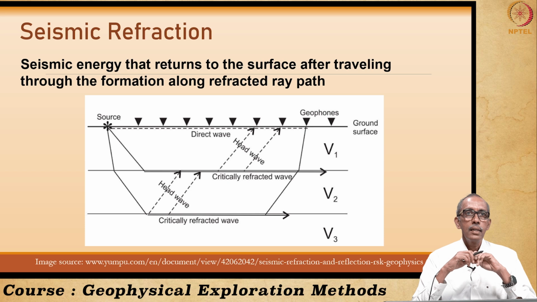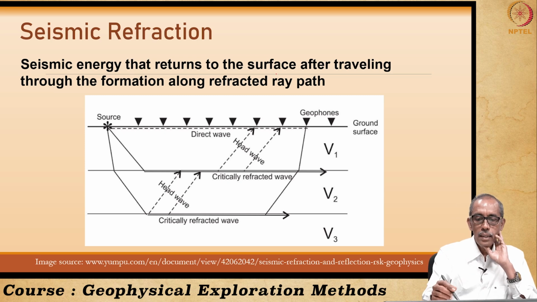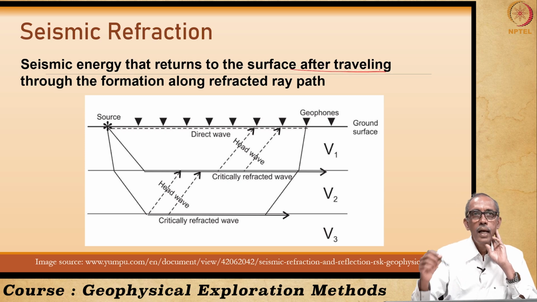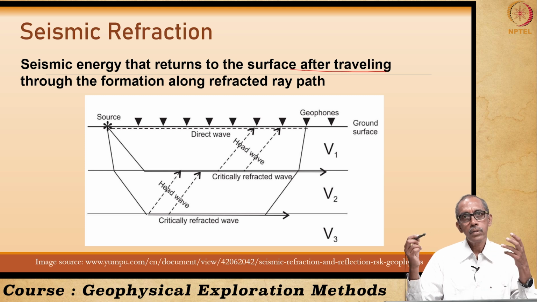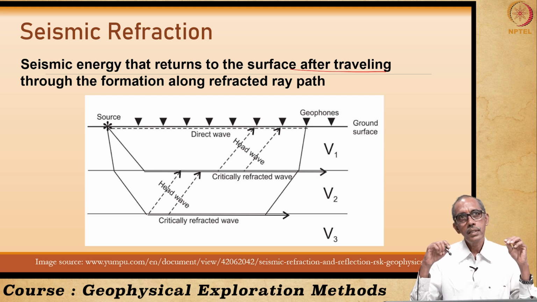How the seismic energy is getting refracted back to the surface, right. Seismic energy returns to the surface after traveling through the formation along the refracted ray path, right. It also gets back to the geophones by reflection, but here in this lecture or in the next couple of lectures, as I told you, we are going to focus on seismic refraction, right.